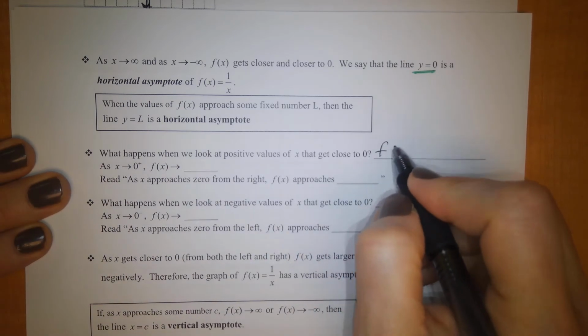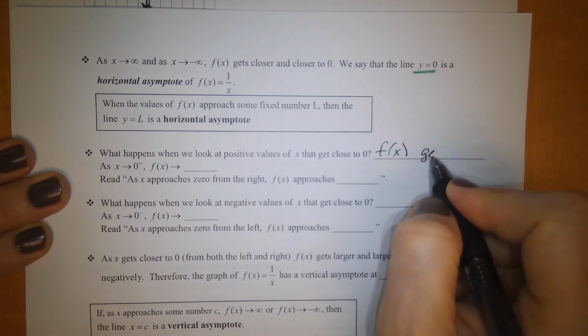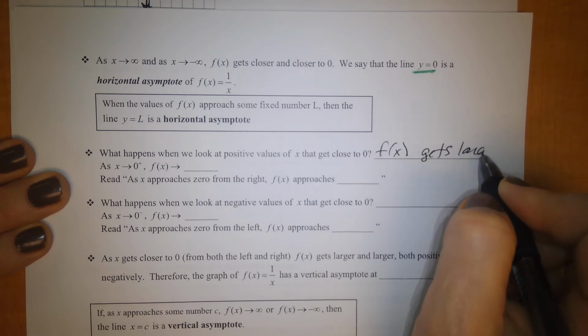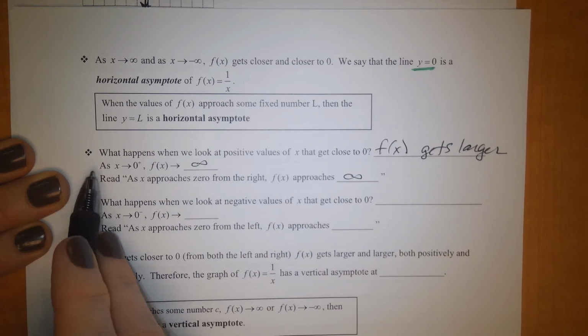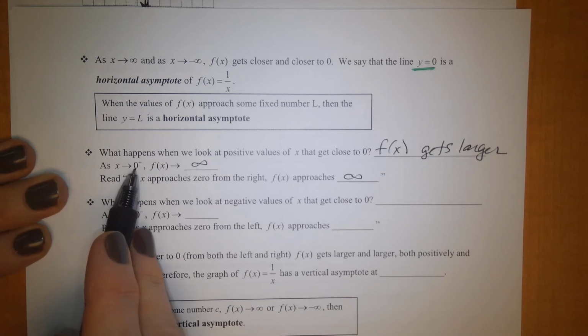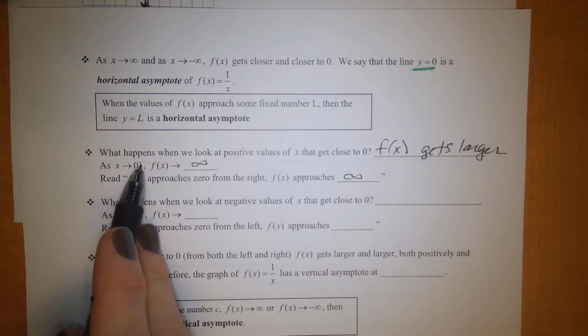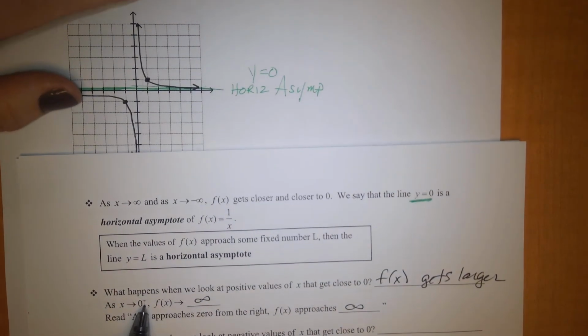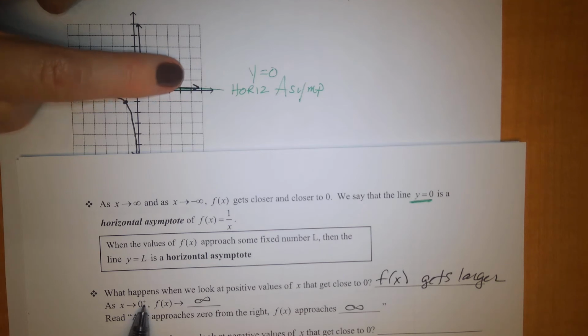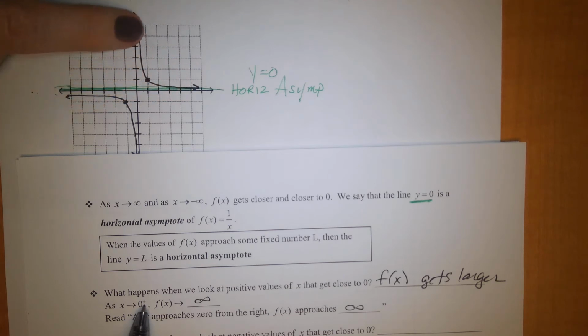So the value of the function, or y, gets larger, or in other words, it approaches infinity. So as x approaches 0 from the positive direction, so as x approaches 0 from this direction, the value of y approaches infinity.